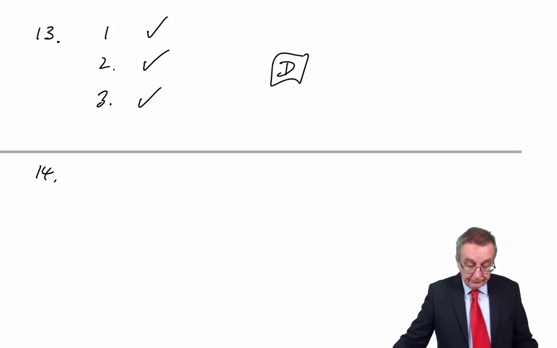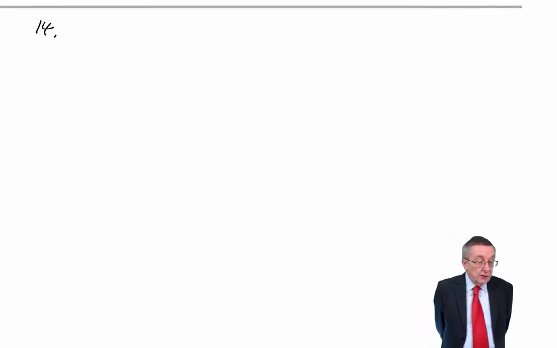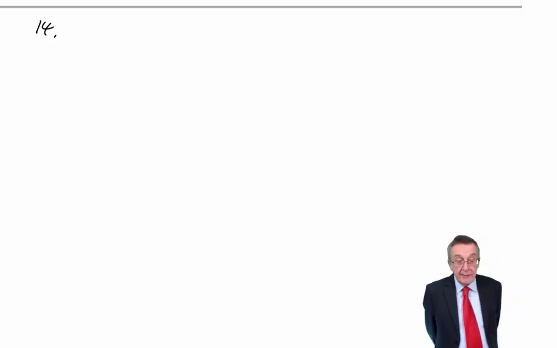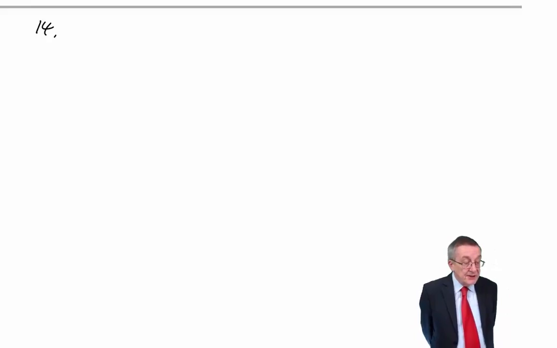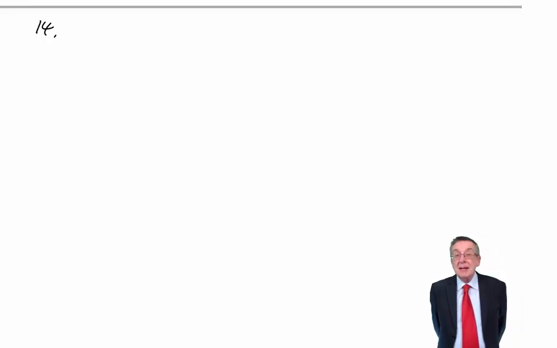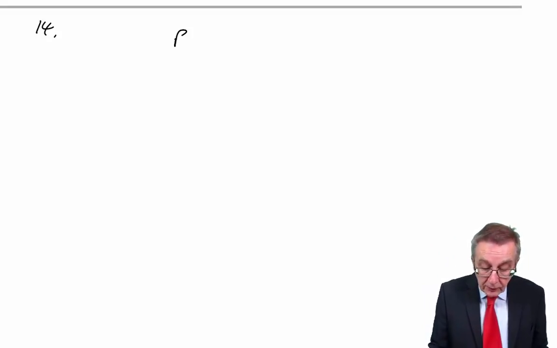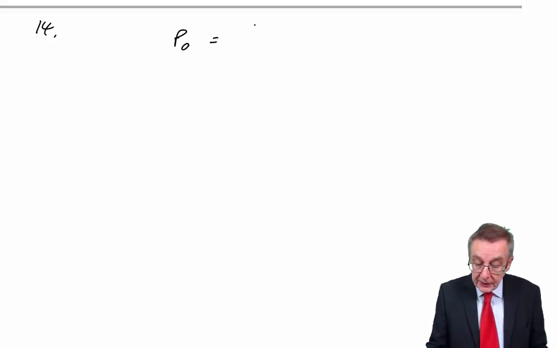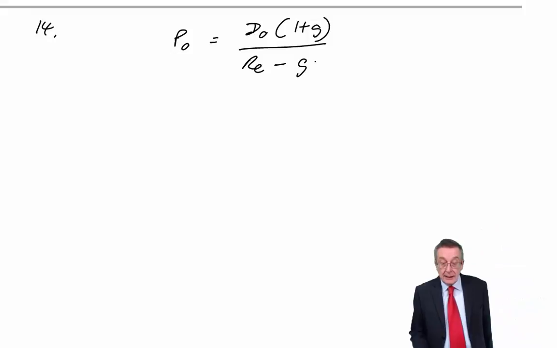Number 14. Using the geometric average historical dividend growth rate and the dividend growth model, what's the market price of a share to the nearest cent on an ex-dividend basis? Well, he's told you what to do. For the dividend growth model, you've got the formula on the formula sheet: P0, the market value, is D0, the current dividend, times 1 plus g, the growth rate, over Re, the investor's required return, minus g.